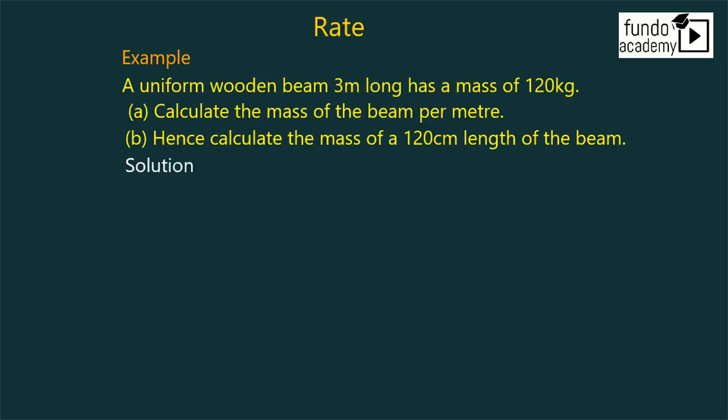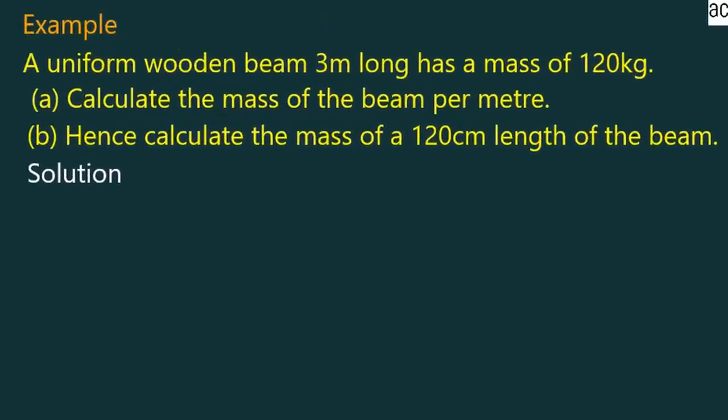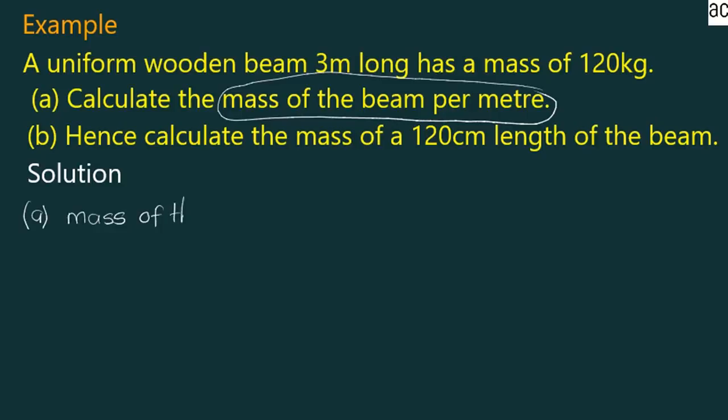So this is the solution. We're starting with part A, in which we want to calculate the mass of the beam per meter. This is a rate. We want to calculate the rate, mass per unit length, mass of the beam per meter. Remember we said that to get the rate, we divide.